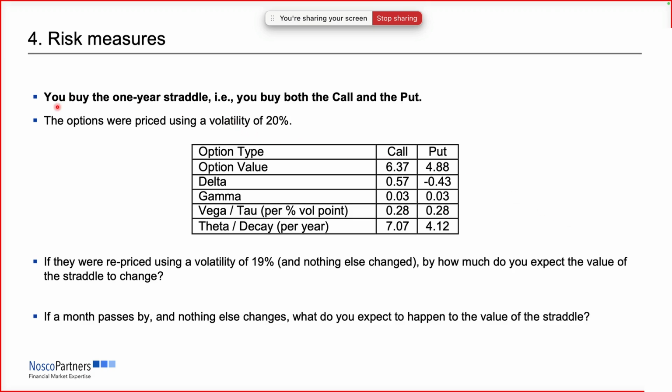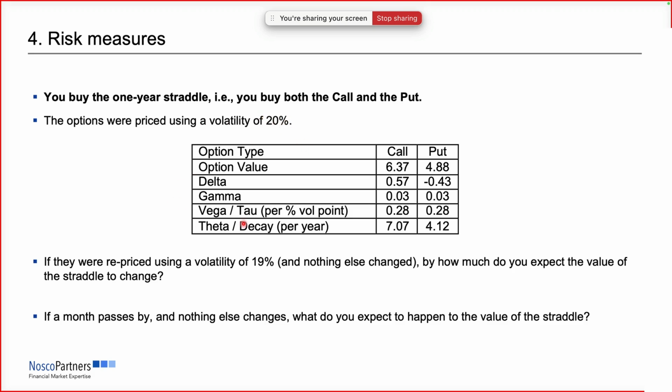So what I have done, let's say I bought a straddle. And we know what a straddle is. A straddle is a call and a put with the same strike. So I buy a call with a given strike and I buy the put with the same strike. Let's assume we bought these options at the volatility of 20%.